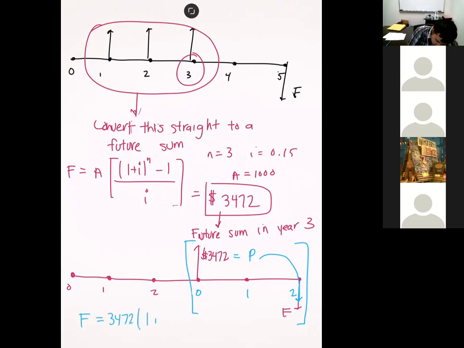Okay. We do 1 plus I. Okay. And then for N, we're going to plug in 2 because year 5 here is just 2 years into the future. Okay. And if you plug all this in, you're going to get $4,590.